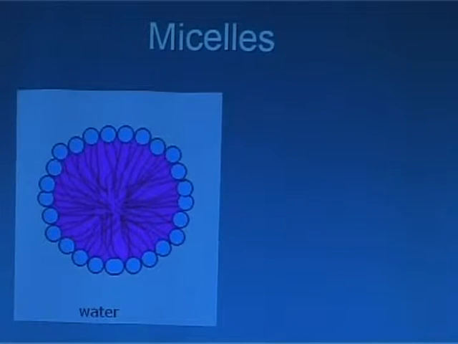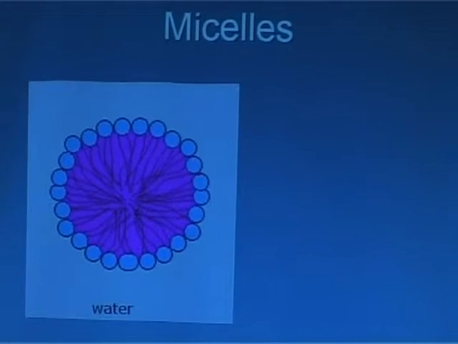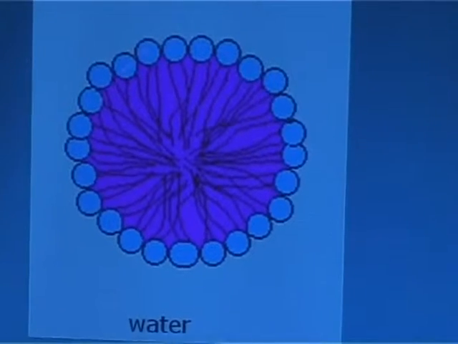So if you put this material, for example, into water, it would assemble itself, and you produce these supramolecular structures. The blue circles represent the polar head units, or the ends where the charged structures reside, and these straggly bits down here, these are the non-polar tails. So put it into water and you would get that sort of system, which is known as a micelle.